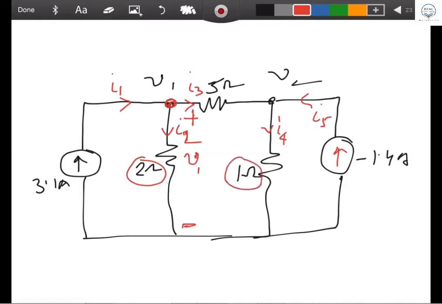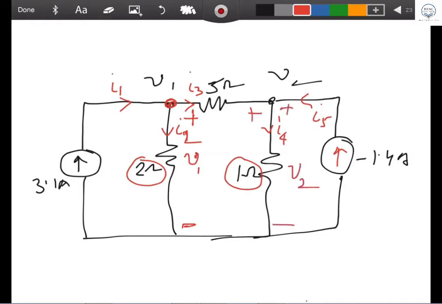I'm asking which voltage. V2, yes, right. This is straightforward. It is V2, so this is plus and this is minus.